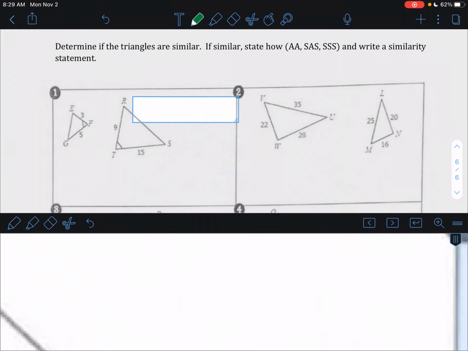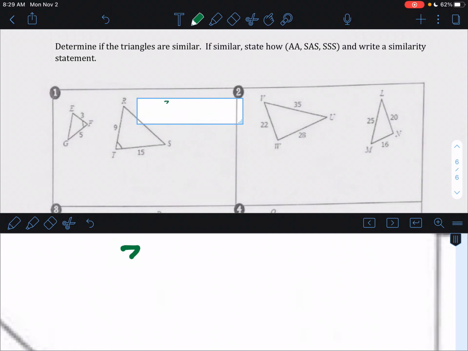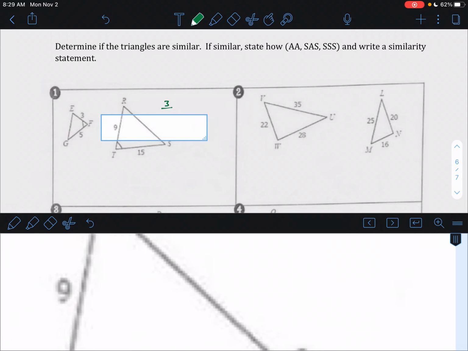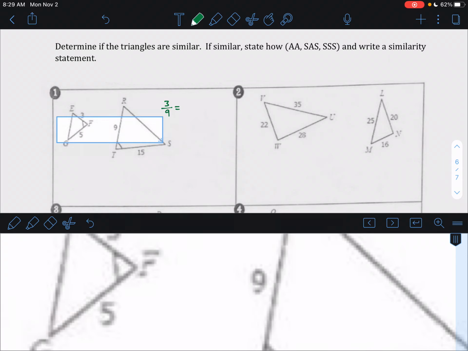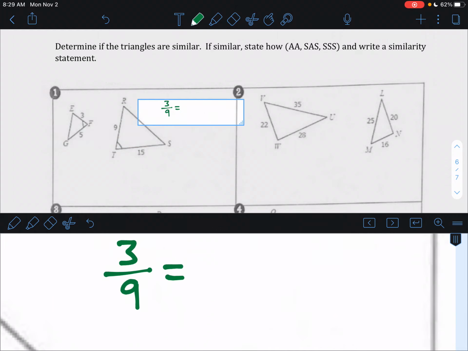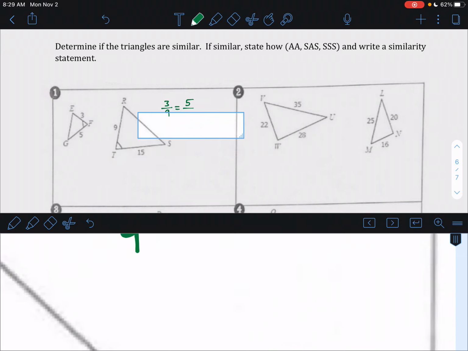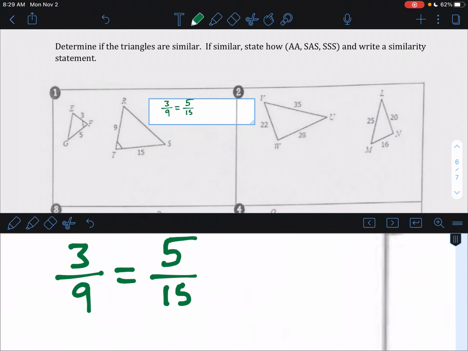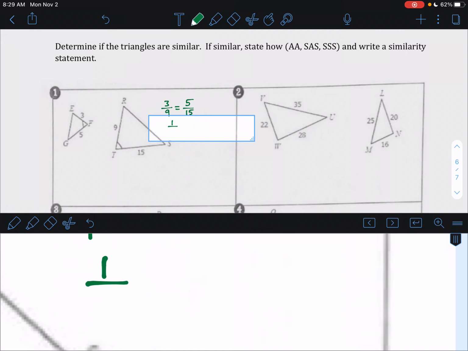So let's see. The short side length of the first triangle is 3, and the short side length of the second triangle is 9. The long side length of the first triangle is 5. The long side length of the second triangle is 15. 3 over 9 is going to reduce to 1/3. 5 over 15 also reduces to 1/3.